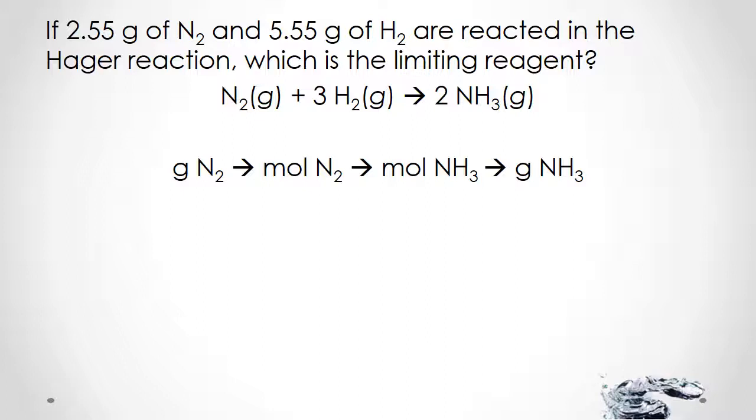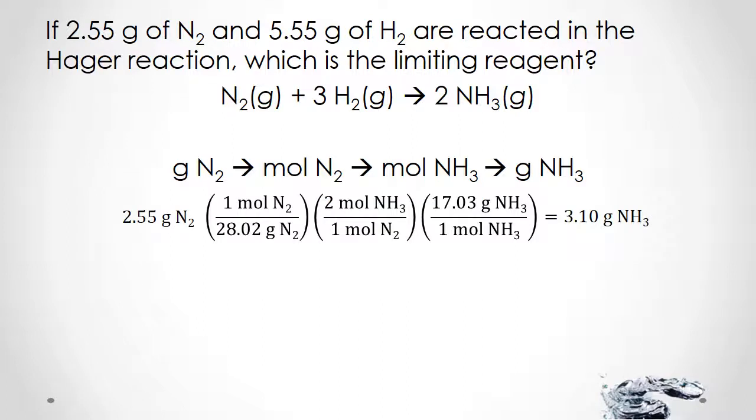So let's look at the grams of N2 to grams of ammonia. We take 2.55 grams of N2, and we're going to multiply by 1 mole of N2 divided by 28.02 grams of N2, which is the molar mass of N2. Then we're going to use stoichiometry to convert from moles of N2 to moles of NH3, and for every mole of N2, it makes 2 moles of NH3.